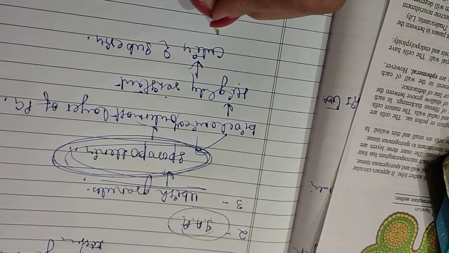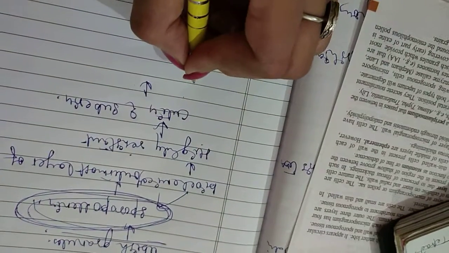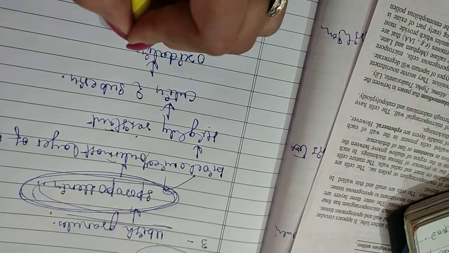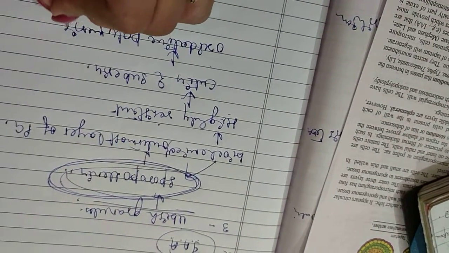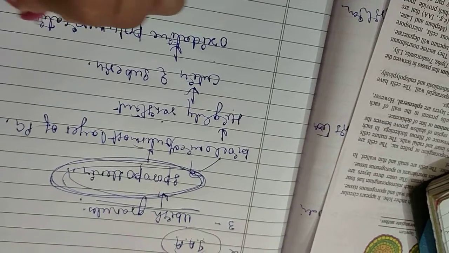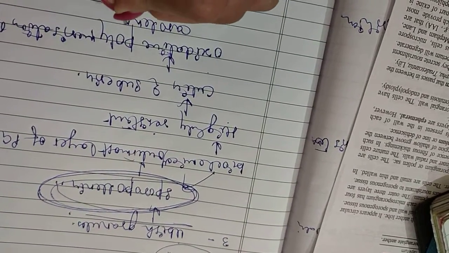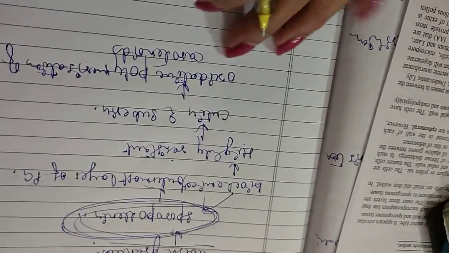Cutin and suberin. And how is it formed? It is formed by the oxidative polymerization of carotenoids. I think all these terms you know, what are carotenoids and cutin and suberin.